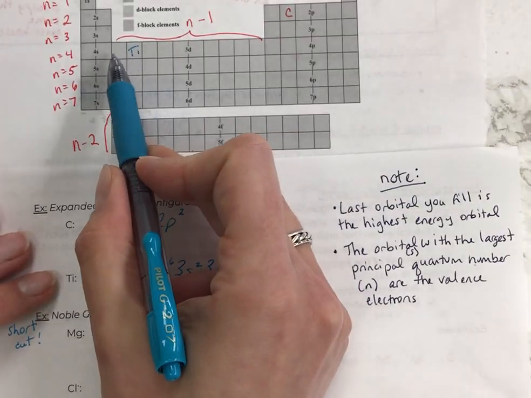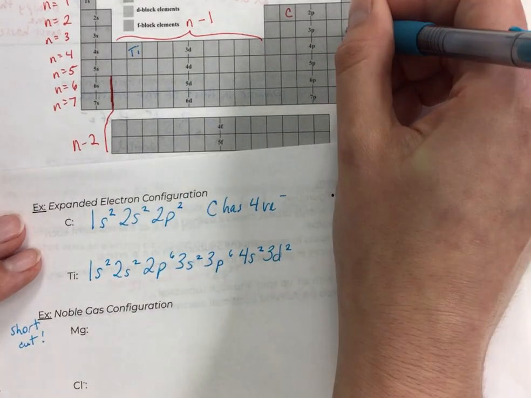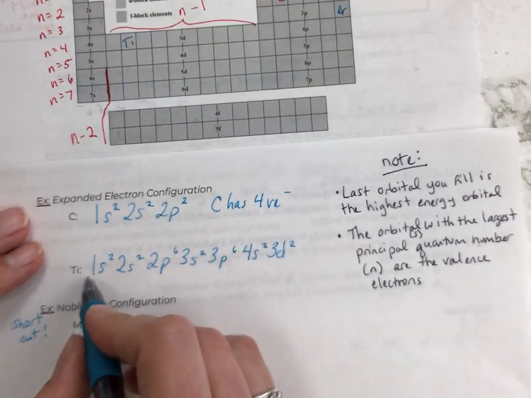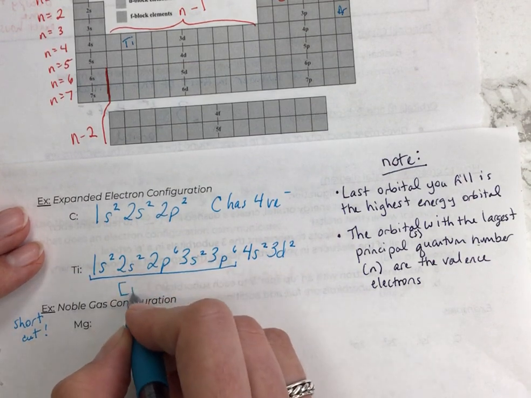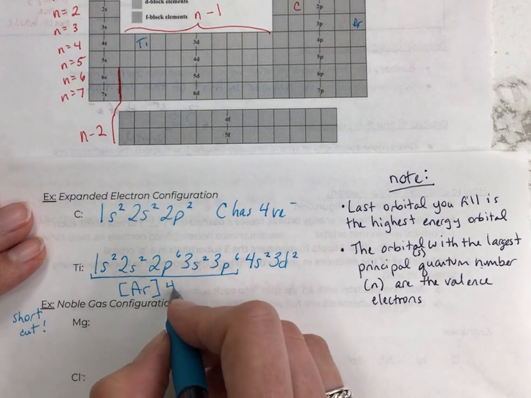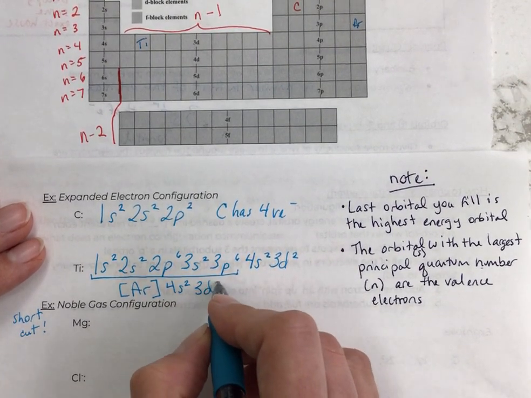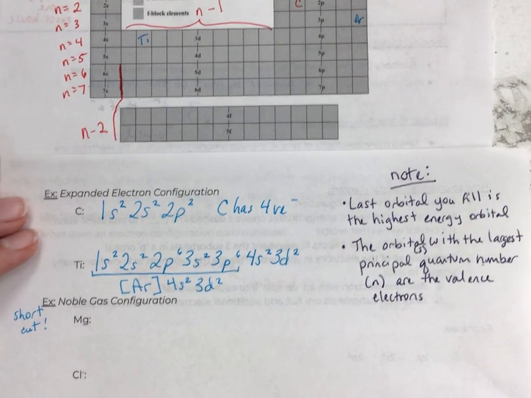Titanium is here. If we go backwards, my noble gas next to where titanium is, this is argon right here. So instead of writing all of this, I could just write argon and then list the part after it, 4s2, 3d2. So that would be my noble gas configuration for titanium.